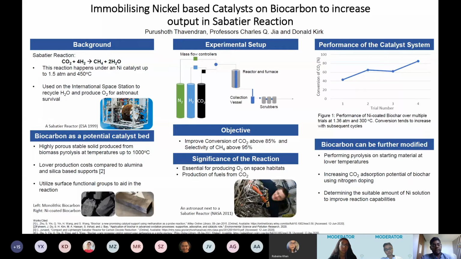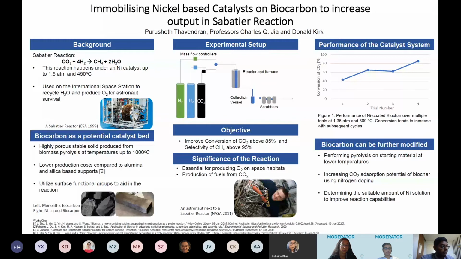And this project aims to look into the potential of using biocarbon as the catalyst bed for this reaction, mainly because biocarbon, to introduce, is the solid product from the pyrolysis of biomass at temperatures up to 1000 degrees Celsius in an oxygen-free environment.